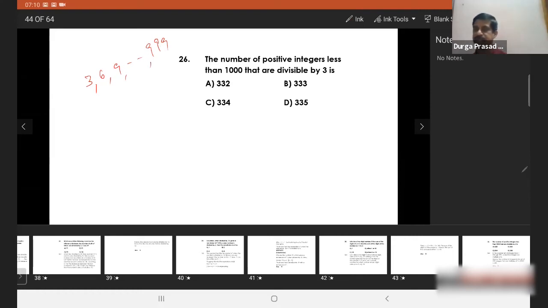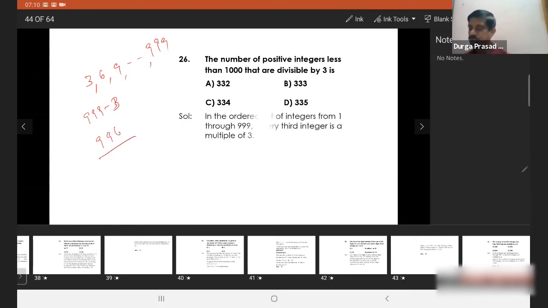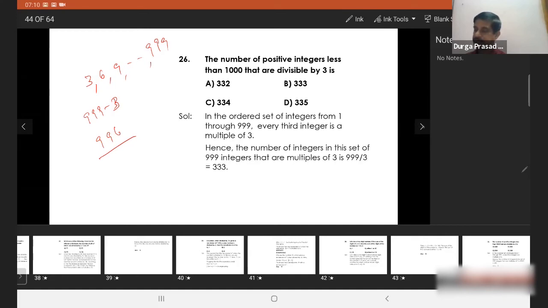You take the difference of these two, 999 minus 3, so that is 996. Or otherwise, you can simply take 999 numbers, which are multiples of 3.